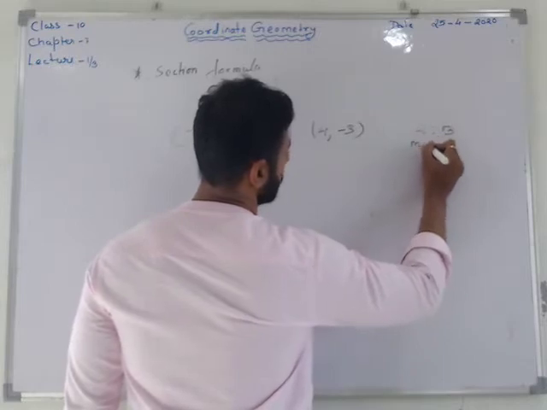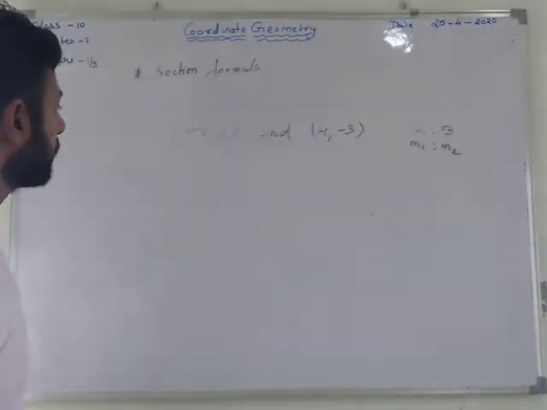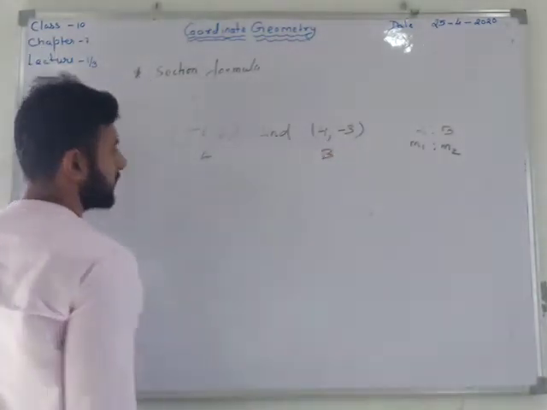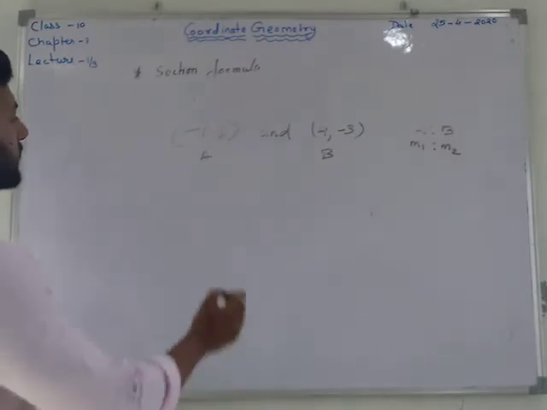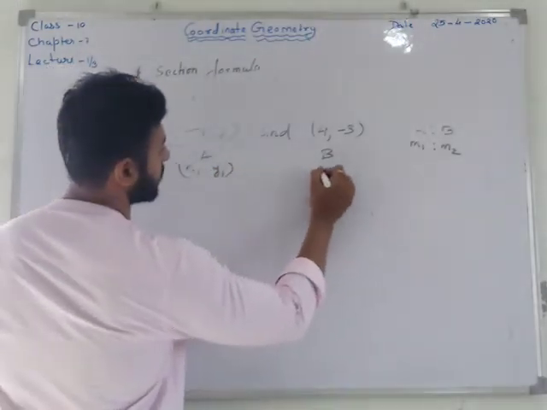So m1 ratio m2 is 2:3. Point A is x1, y1 and point B is x2, y2.